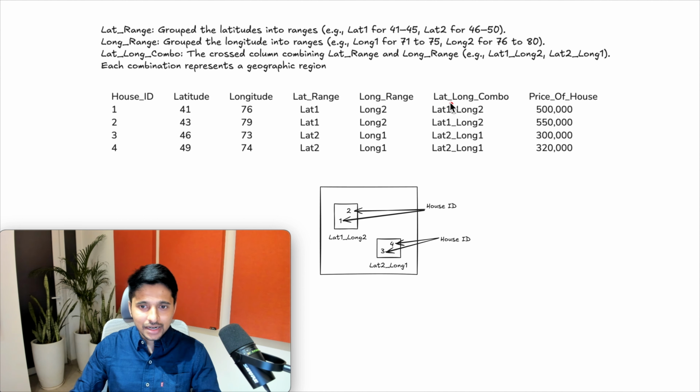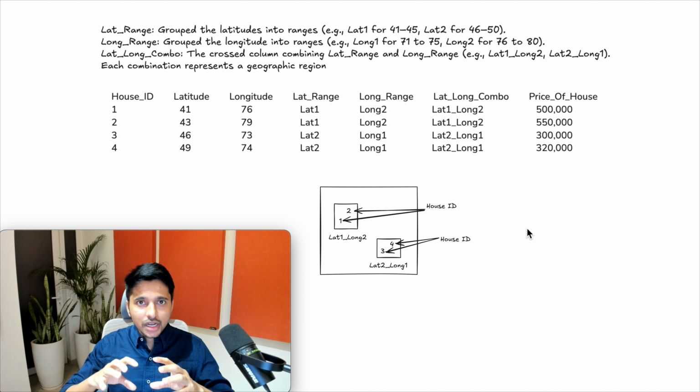And as we know, lat1 represents a range, long2 also represents a range. Because of that, when we cross this and this, we will get an area. Similarly for this, another area.